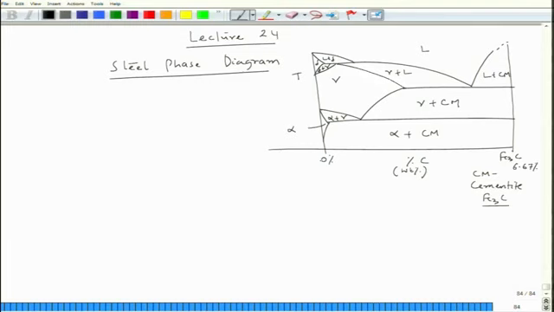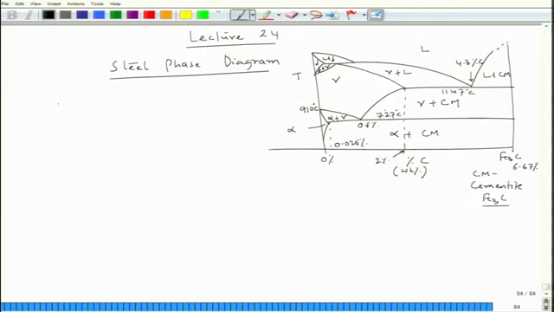Now we need to only look at the steel part, so the composition and temperature of the steel part we are drawing again. This temperature is 1147 degrees Celsius, and this composition is 4.3% carbon, this is 0.8% carbon. This composition is around 2%, this is 0.02% carbon, and this temperature is 727 degrees Celsius, this is 910 degrees Celsius. These are some important pieces of information of the steel part.